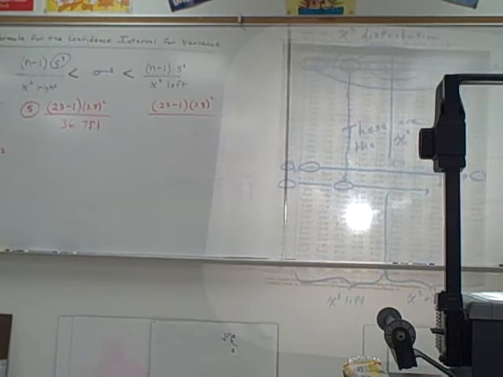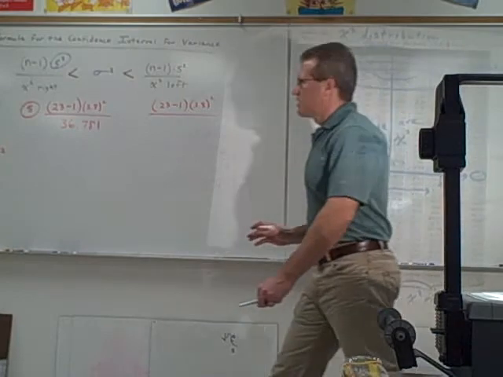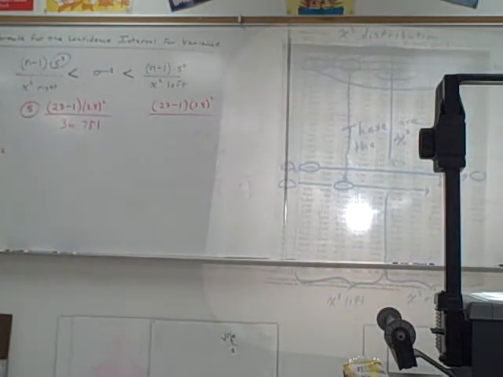Now, the chi-squared left is what seems to throw people off. People have a tendency to go to the 0.95 column. But 95% of the area is not to the right of chi-squared left. It's 95% plus 2.5%. You've got to add these two numbers together. So what do you get if you add 0.95 and 0.025? 0.975.